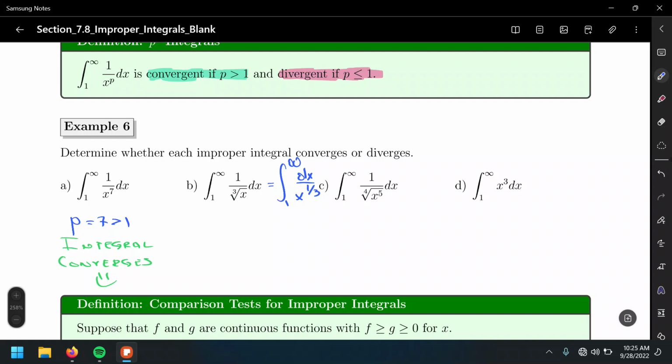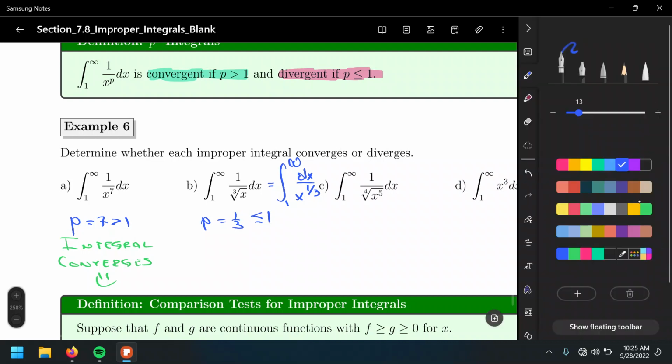So all we have to do is identify the value of p, and in this case, p equals 1/3. Now, is 1/3 greater than 1 or less than or equal to 1? Less than or equal to 1, right? This means then that the integral diverges.